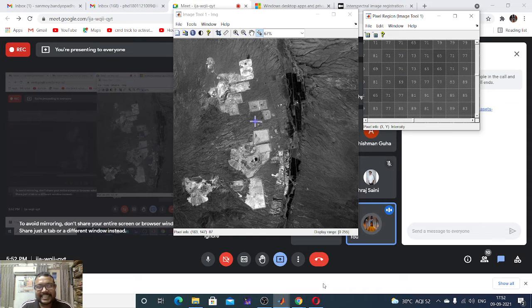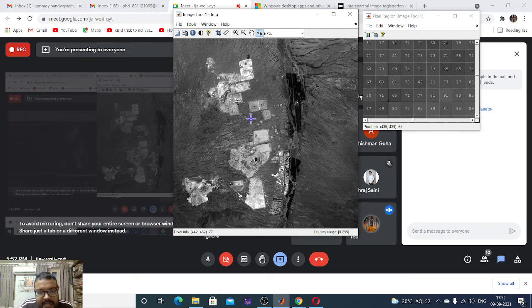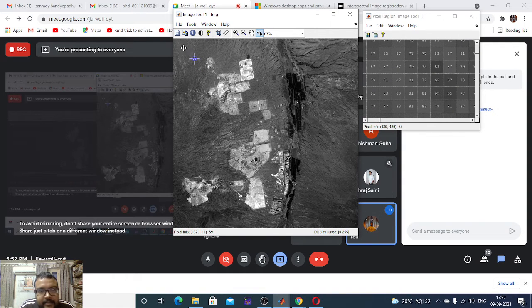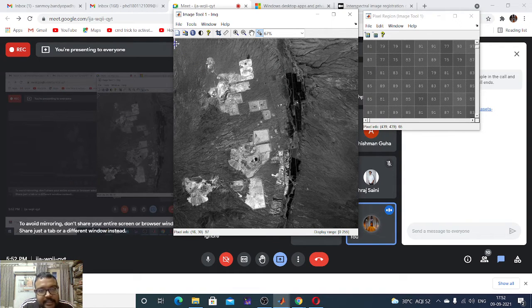So shall I tell the answer? Yes, please. Here, when you move this cursor, see, the pixel position is changing. So what happened in general?